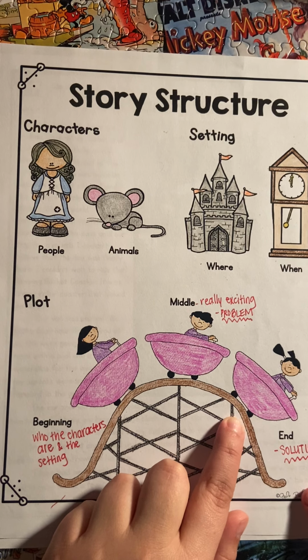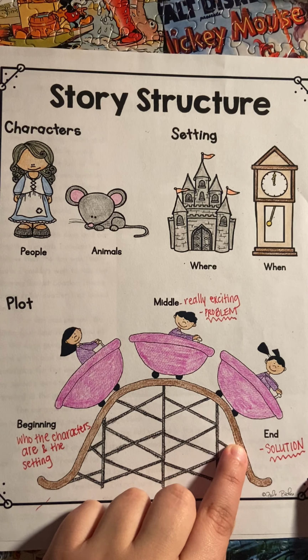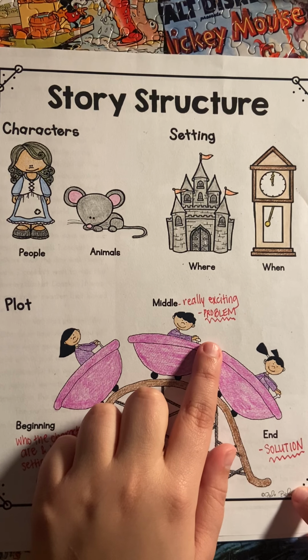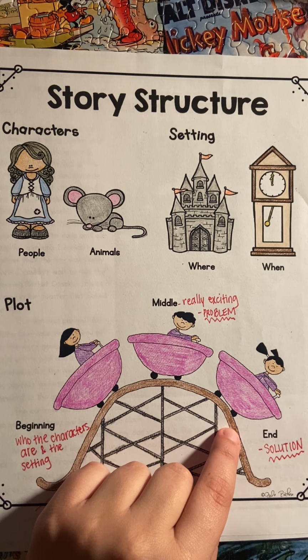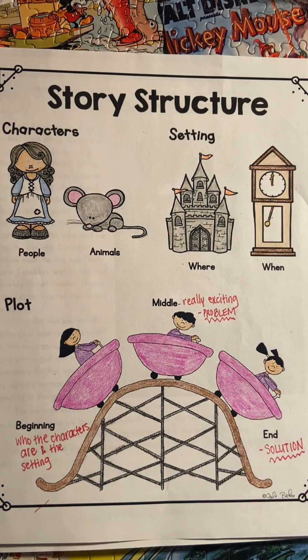And in the end, we usually get a solution, or an answer or fix to the problem, right? So it's not always happy. I mean, stories don't always have happy endings unless they're fairy tales, right? As we've learned through our studies, fairy tales usually have a happy ending.